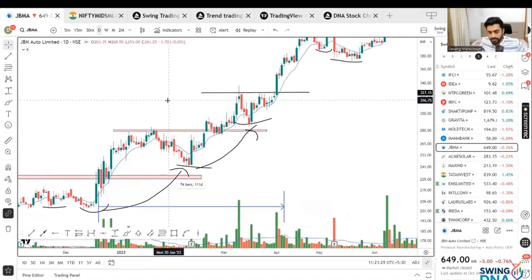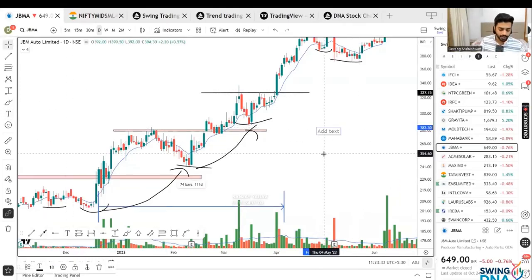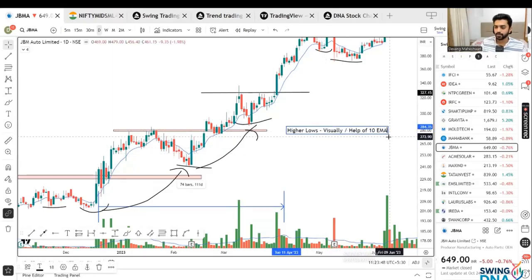Now coming back, this is how we can do it manually. How to check higher lows, I'll repeat it. It is visual. Visually you can do it, and with the help of the 10 EMA also you can do it. If a lower low is there, it can get corrected by way of tight action before breakout.